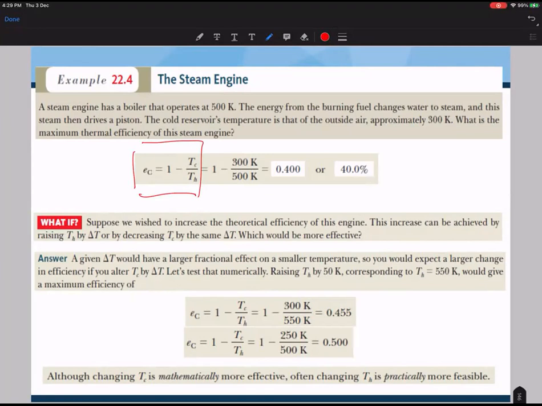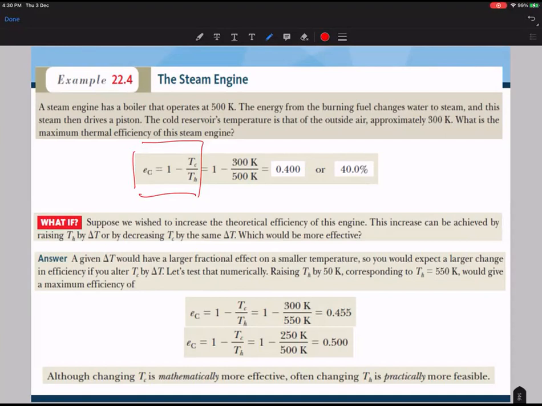So if we want to raise the efficiency, what could we do? We could raise the temperature of the steam, so raise the temperature of the hot reservoir, or lower the temperature of the cold reservoir. For example, we cool the steam with cold water or even ice, if you like. This idea is demonstrated in the second part of the question in the example.